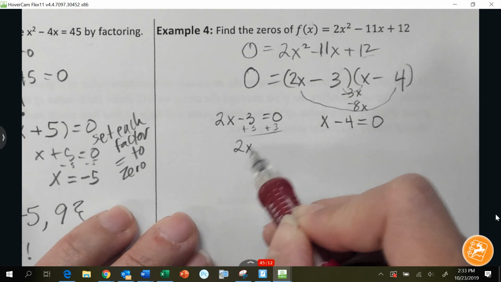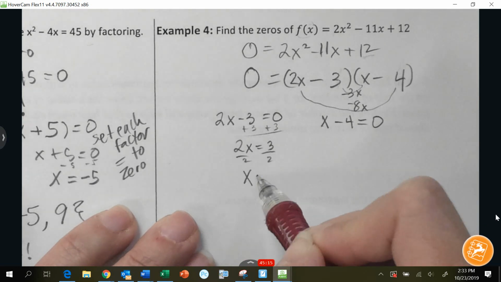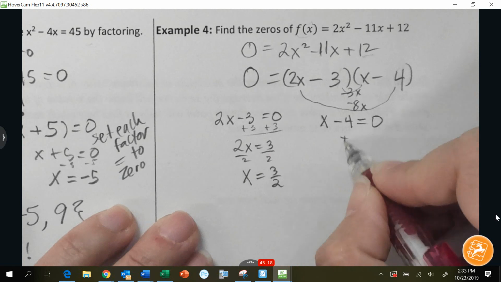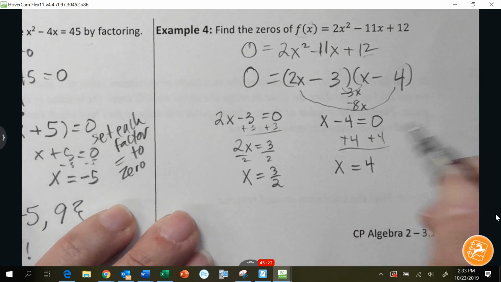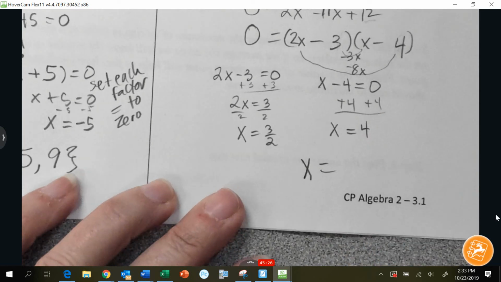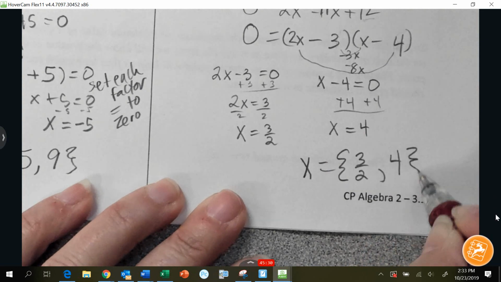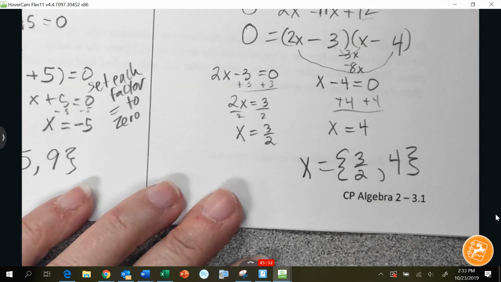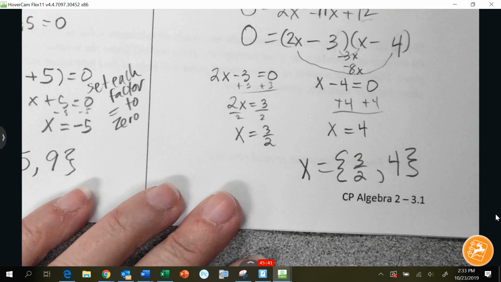You divide by 2. So x equals 3 halves, 1.5. Which one's smaller? Put it in order. Why does it matter? This is the way we do it, because when you look at the graph, it goes left to right.